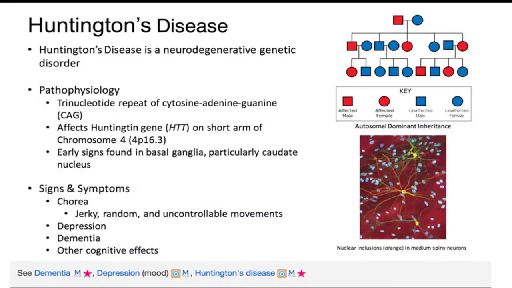One of the examples of trinucleotide repeat expansion is Huntington disease. This is a neurodegenerative genetic disorder. The reason of this disease is a trinucleotide repeat of cytosine, adenine, and guanine.